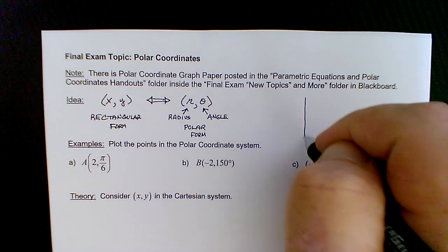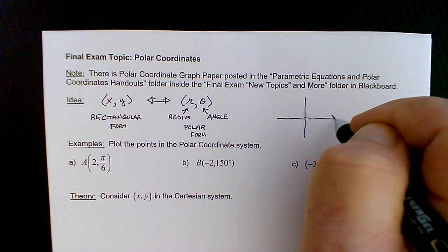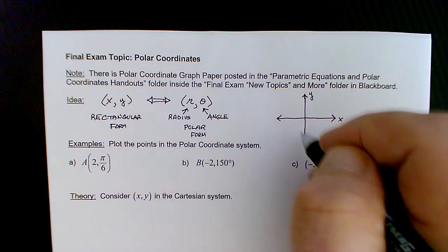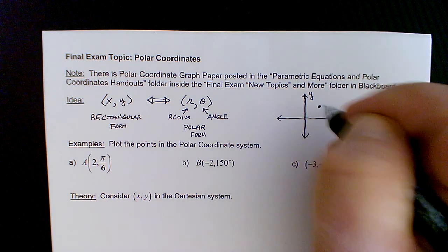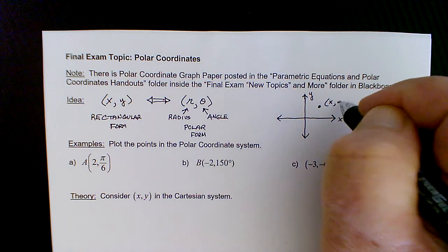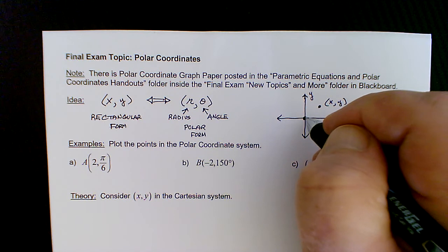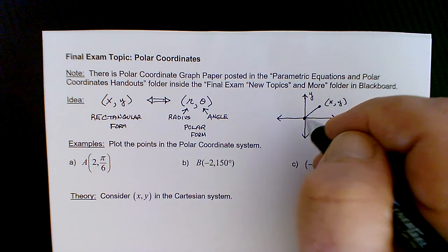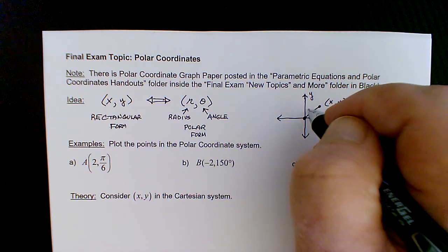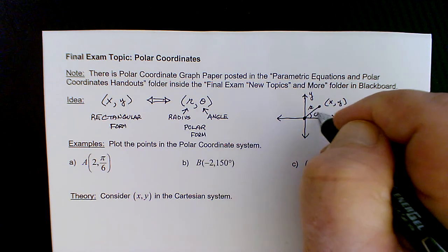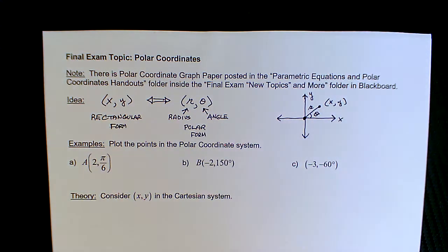So in the Cartesian system, if you consider, let's say, the XY coordinate plane, this point here, instead of describing it by an XY ordered pair, we're going to describe that same point by a distance from the origin to the point, which is going to be the radius, and a direction or the angle off of the x-axis. So that's the idea behind the polar coordinate system.